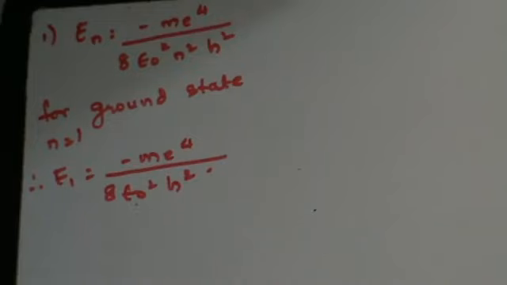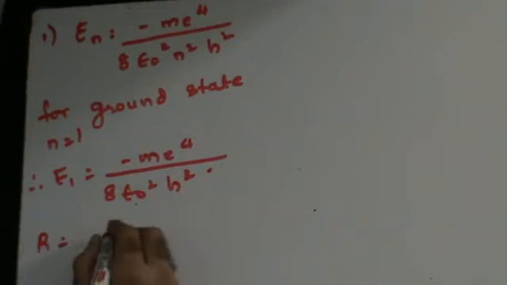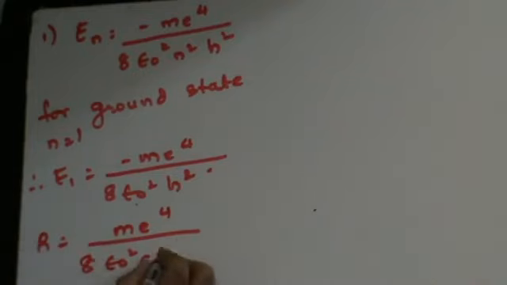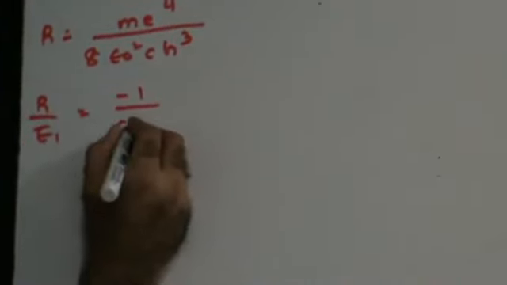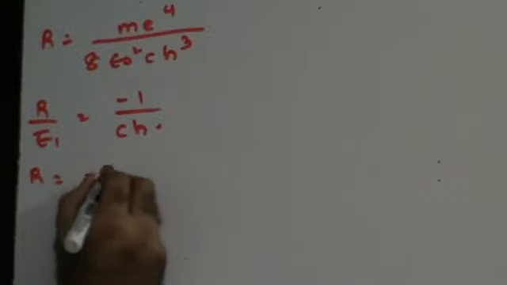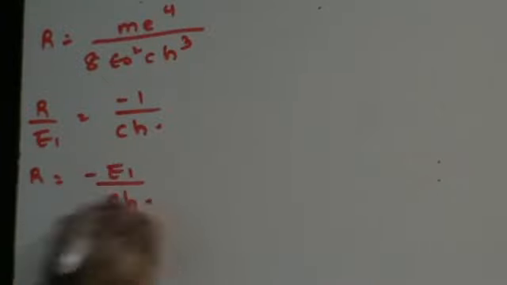Now Rydberg's constant is given by the formula me^4 upon 8 epsilon 0 square c h cube. If I divide the two equations, I get R upon E1 is minus 1 upon ch, so R is minus E1 upon ch.